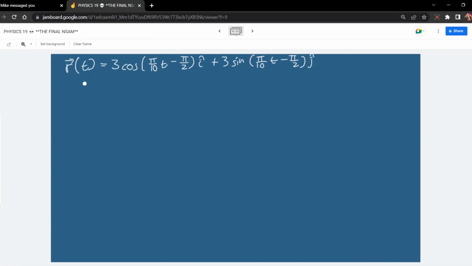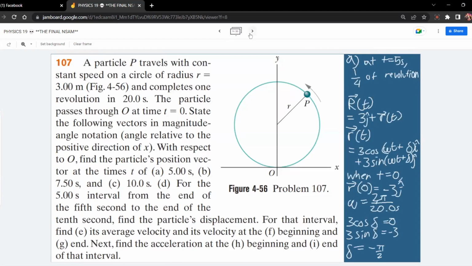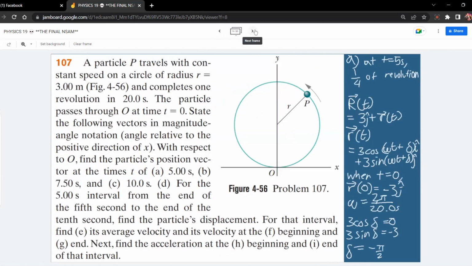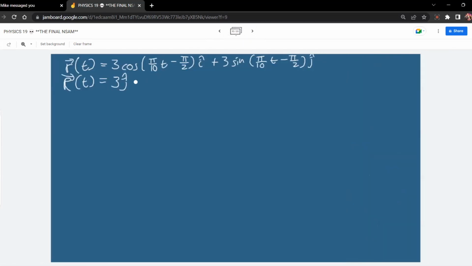So ngayon, yung big R, which is the position vector in the original coordinate system, so new line, big R of t vector is equal to 3j hat, no? So plus small r of t.